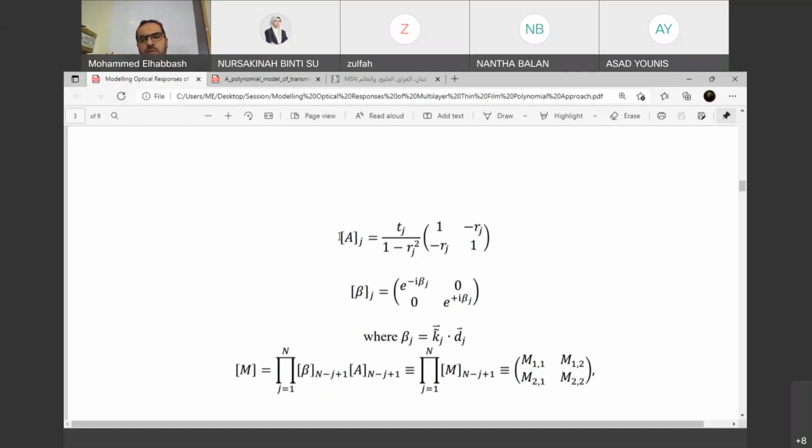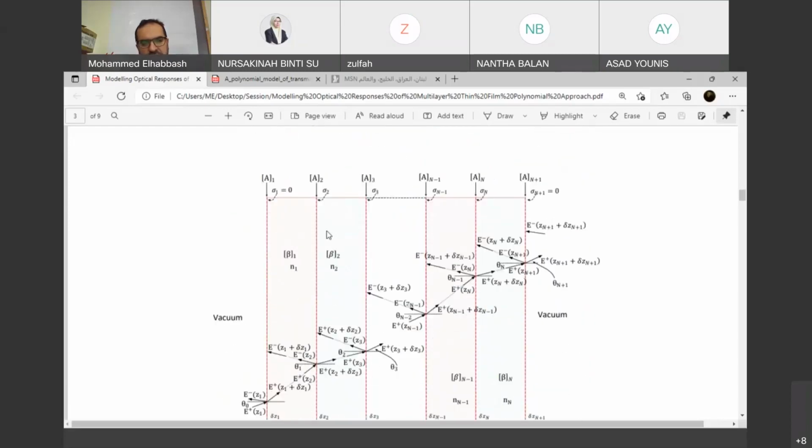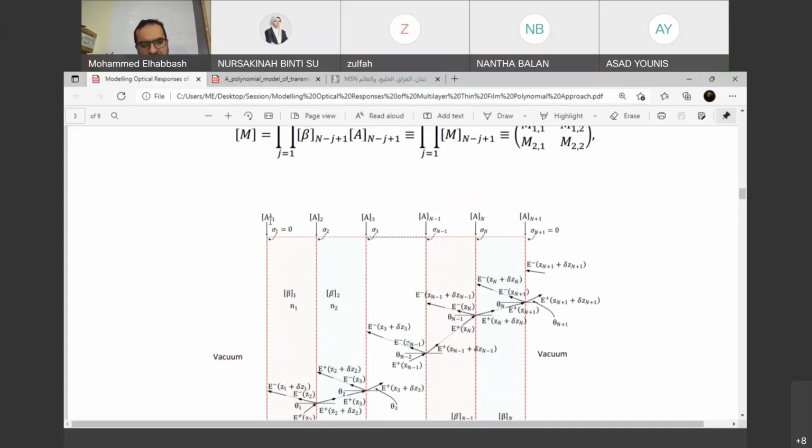For the interface matrix, we have the Fresnel's coefficients, the transmission and reflection, and we represent the interface matrix like this. The J is the subscript for the layer. So if we have layer number 1, it will be the matrix A1.